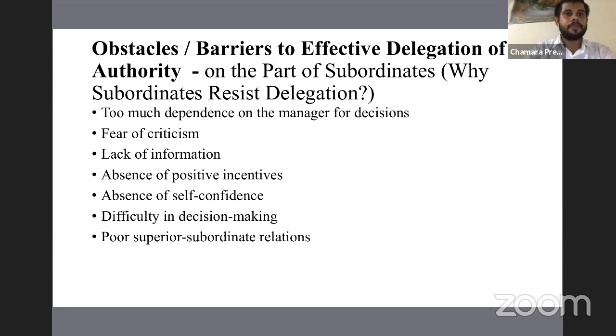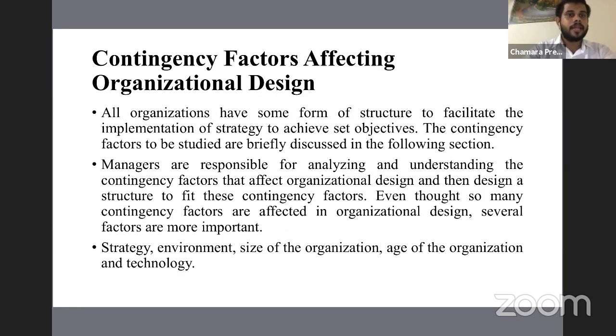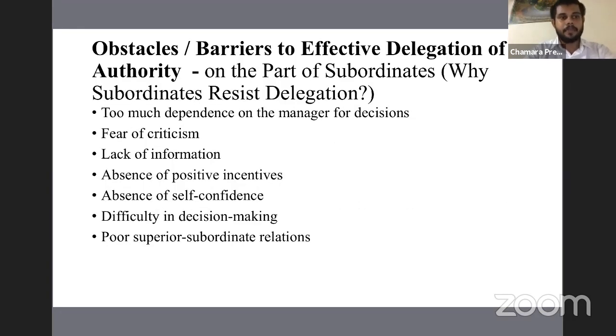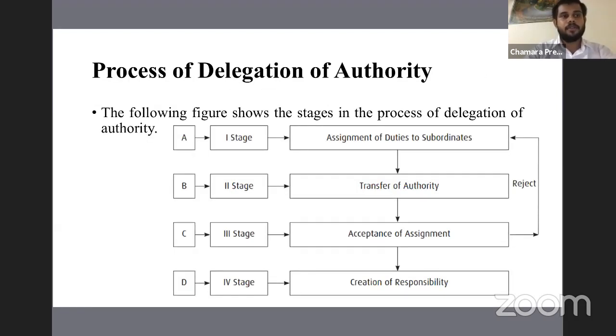Okay, so that is the barriers. Actually, I took that point from this process. Now if I go back and talk a little bit about these things, we are talking about passing authority, right?